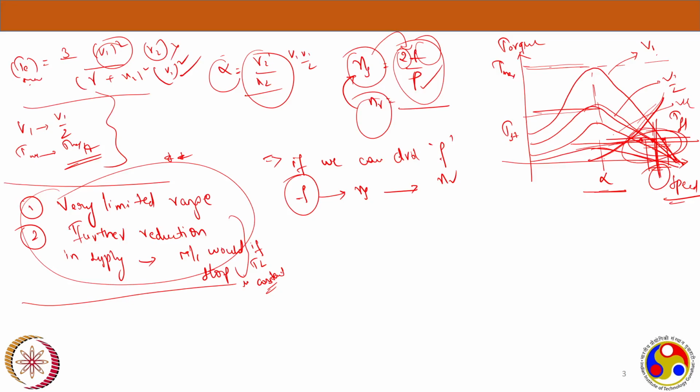The goal is to get armature voltage control and field control similarly as in the DC machine, so that we can vary different voltages and frequencies of the machine.